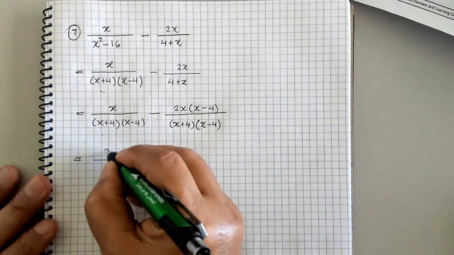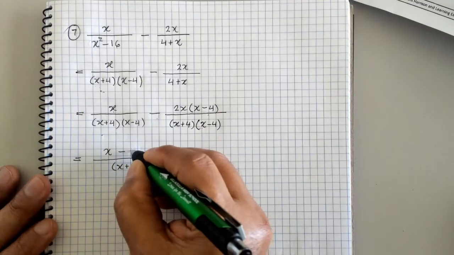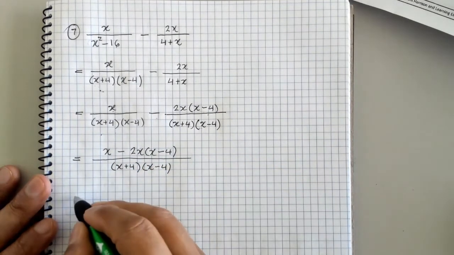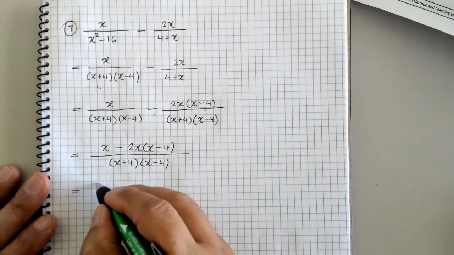So we do x minus 2x bracket x minus 4, but then we need to simplify, so we're going to do x.